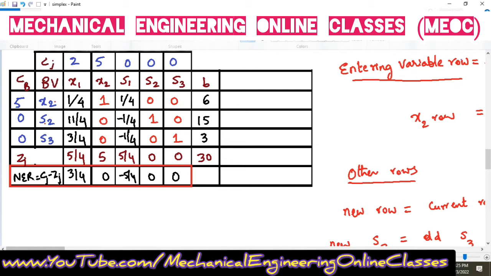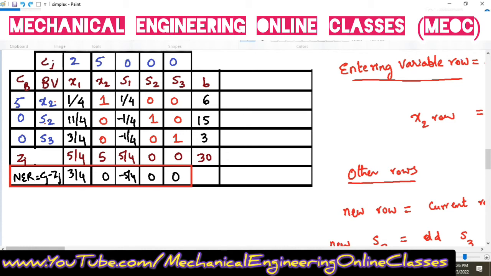A basic variable is one which is not set to 0. We are not setting the values of x2, s2 and s3 as zeros, right? We have chosen x2, s2 and s3 as the basic variable set. They are already contributing to the maximized z. So that's the reason our NER shows them as 0.